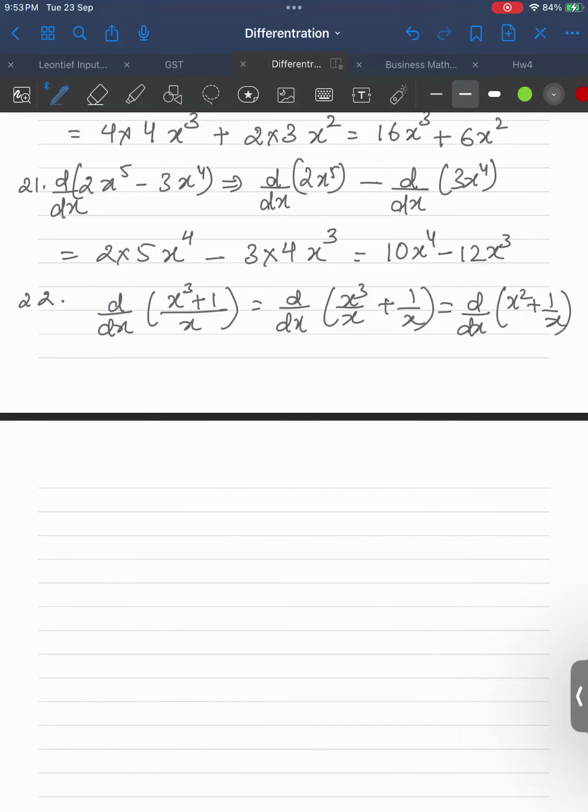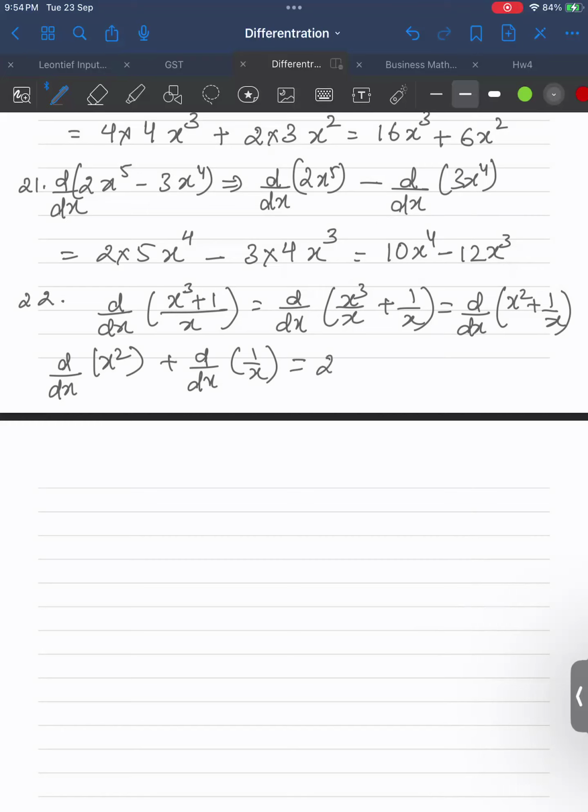Now this becoming the simplification. It's a plus rule. We can use the sum rule. d by dx of x square plus d by dx of 1 upon x. And we have already solved this type of questions previously.